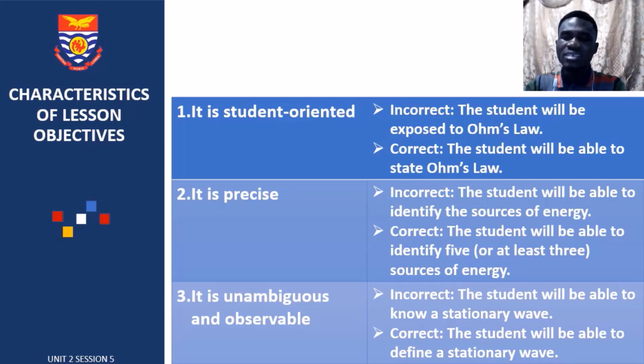You realize that such an objective is not measurable. So for us to be able to measure, then the correct form of such an objective can be the student will be able to define a stationary wave. So these are the characteristics of a good lesson objective.